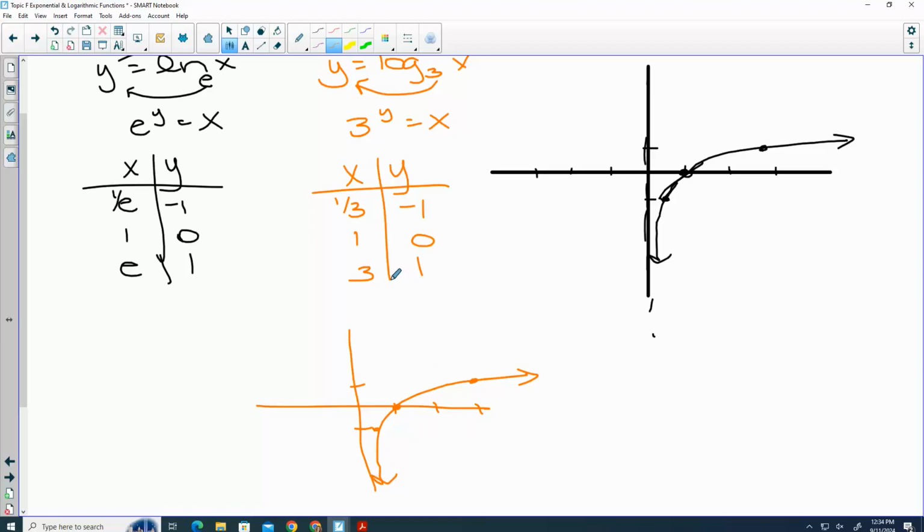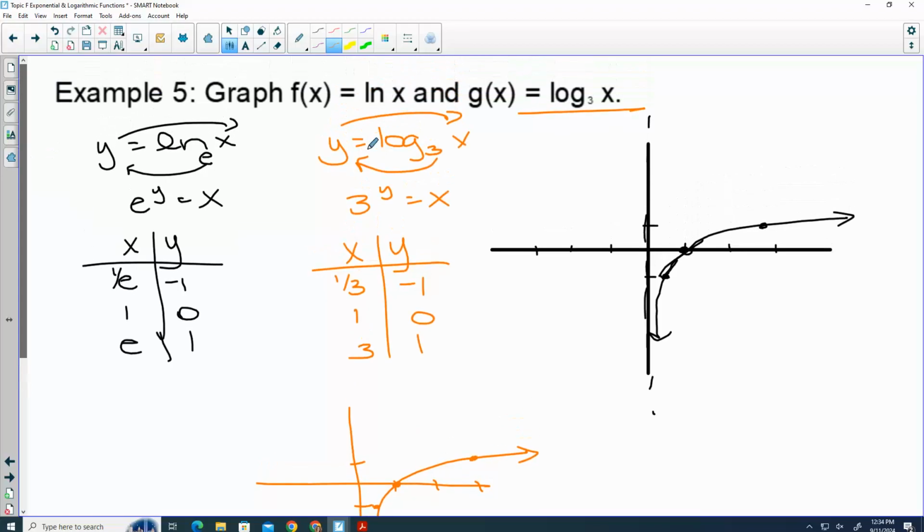Exponentials. So if the original problem is like e to the x, or 5 to the x, or something like that. And of course we could still do transformations with these. I didn't ask for it, but if I asked you to graph log base 3 of x minus 2, what would the -2 do to our graph?